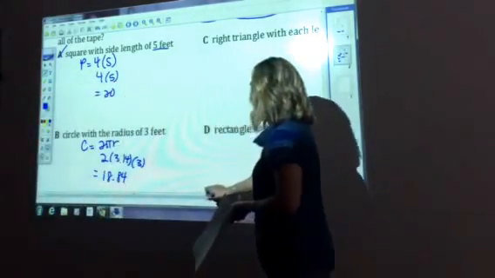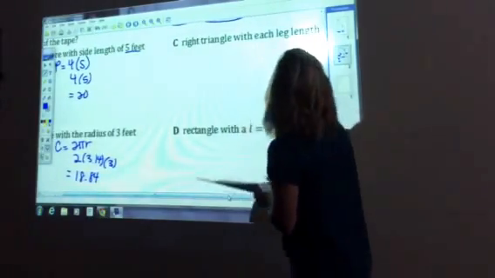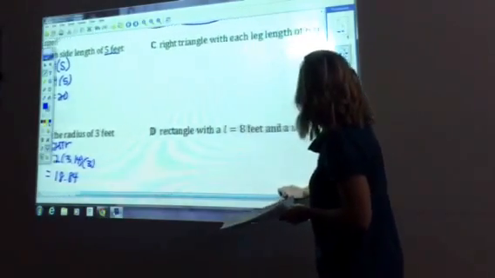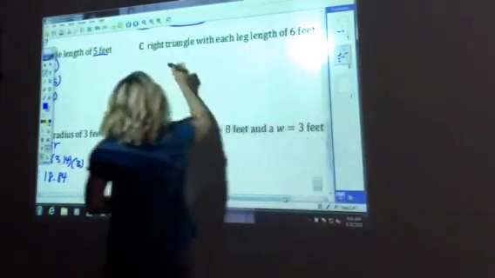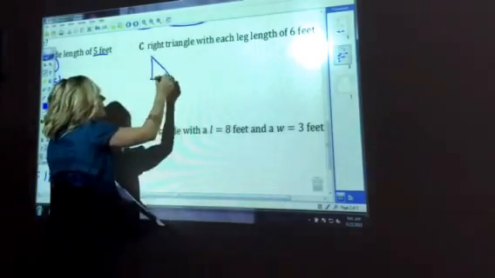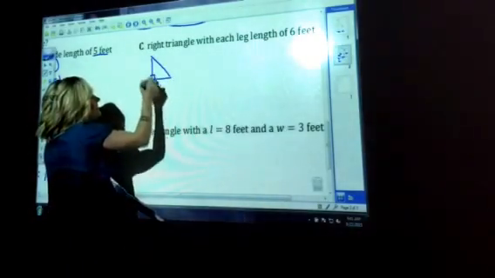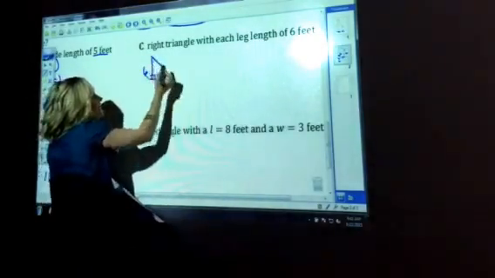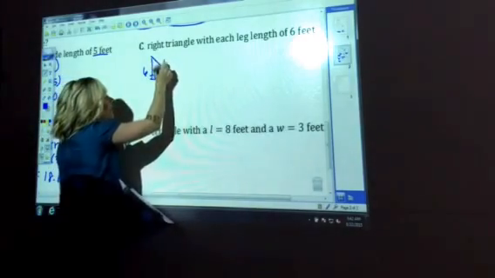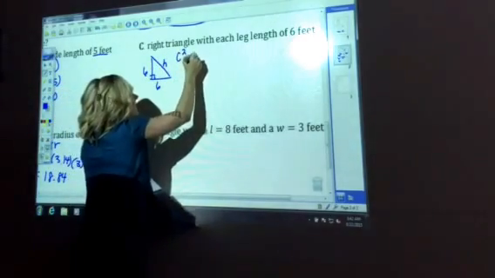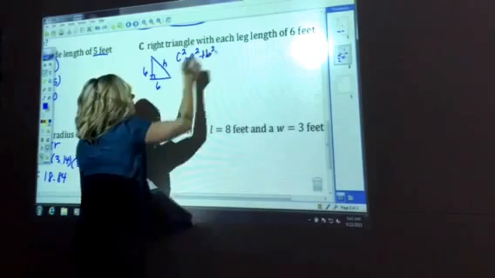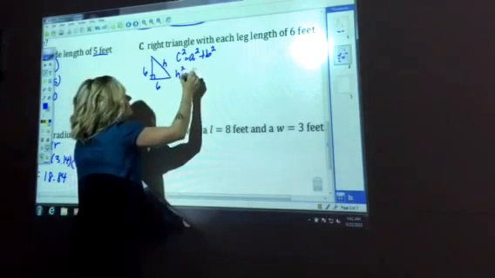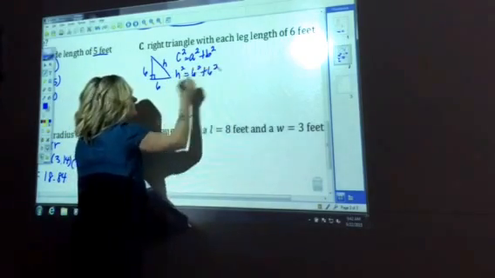Let's look at C. On C, it has a right triangle with each leg length of 6 feet. Doing the Pythagorean theorem to find my hypotenuse, we have c squared is equal to a squared plus b squared. So you have h squared is equal to 6 squared plus 6 squared.